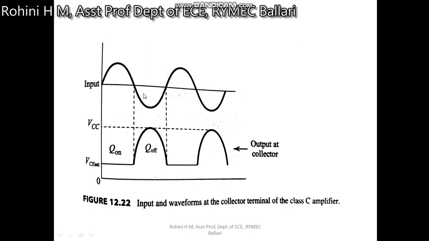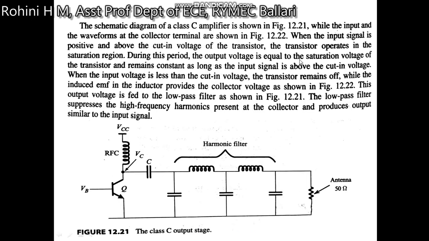Only for the negative cycle it is conducting. When the input signal is positive and above the cut-in voltage, the transistor operates in saturation. During this period, the output voltage is equal to the saturation voltage of the transistor and remains constant as long as the input signal is above the cut-in voltage.